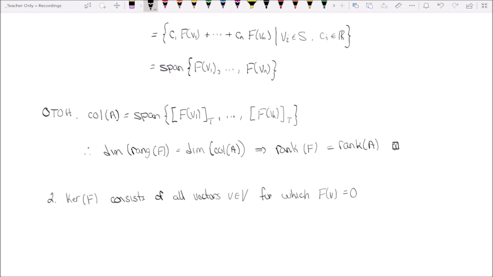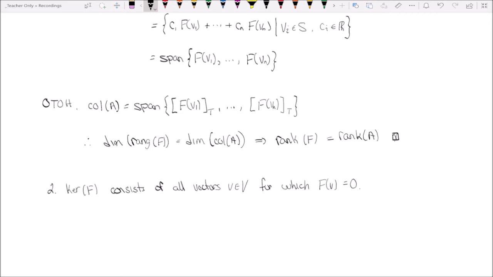But v is in V, so it can be written as a linear combination of the vectors in S. The fact that F is linear, we can use both of those.